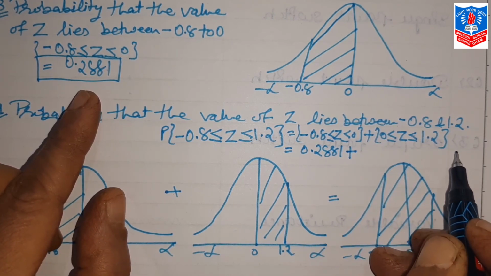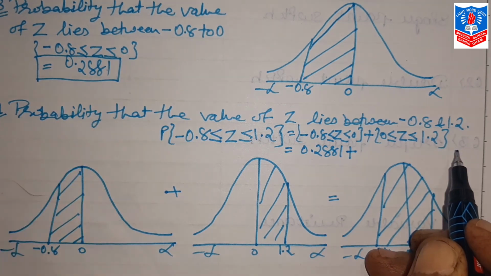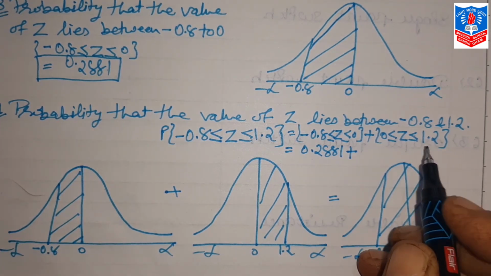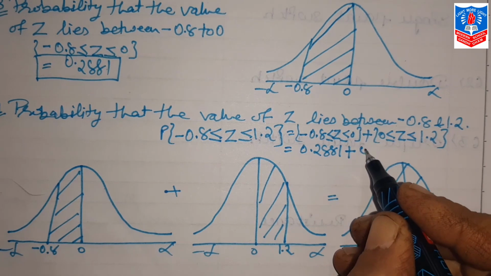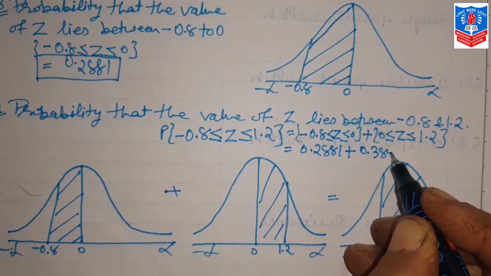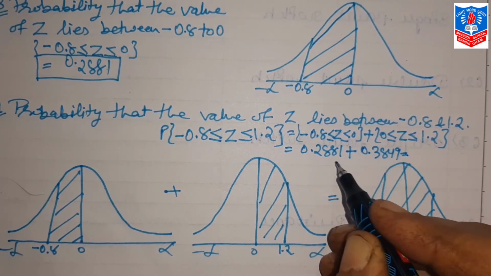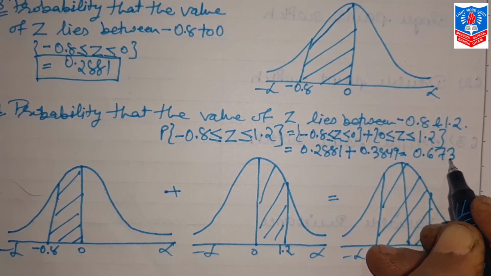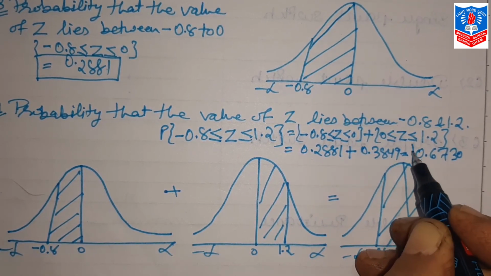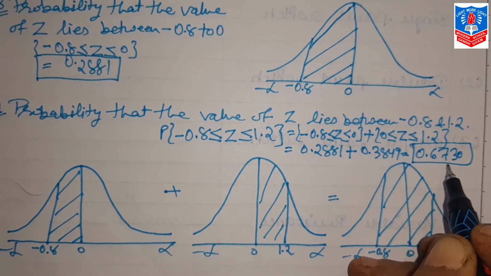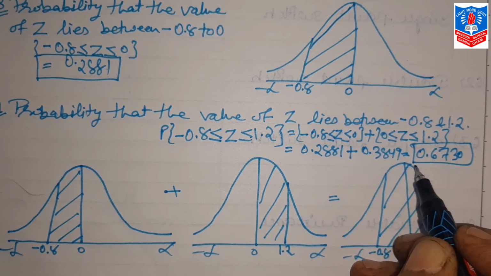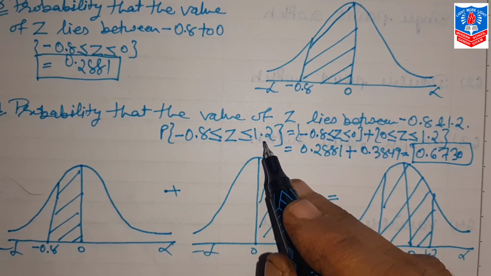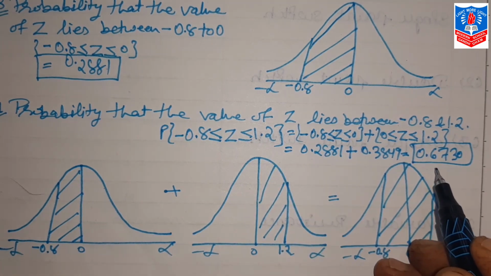We see 1.2 in the table, in the 0 column. That is 0.3849. If we total this, we get 0.6730.